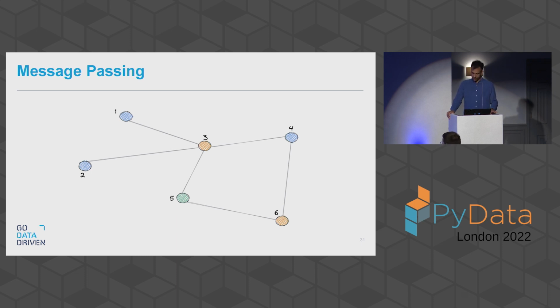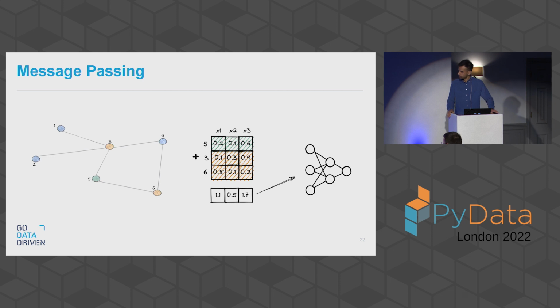So there are a couple of steps that are needed to achieve this, and the general idea is known as message passing. So let us consider the situation of node 5, which wants to get information from node 3 and node 6. For each node, we gather the values of the neighboring nodes. We aggregate them in some way, a sum, a mean, a max.